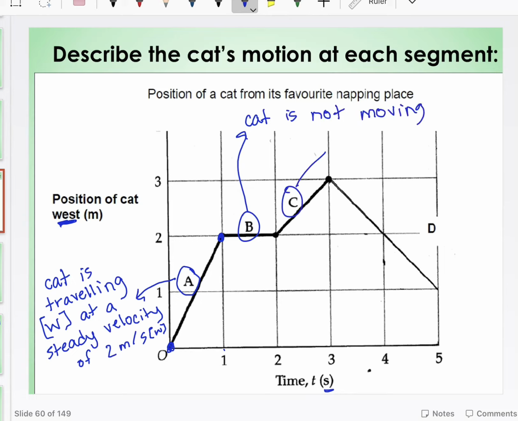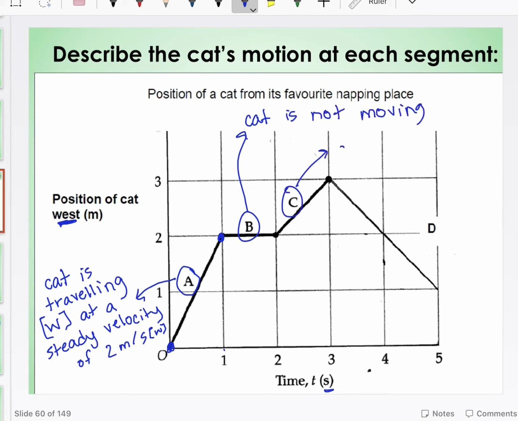At C, the cat is again moving west at a steady velocity, and in this case, it's actually 1 meter per second.